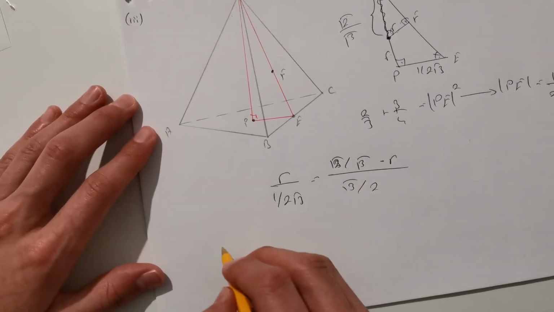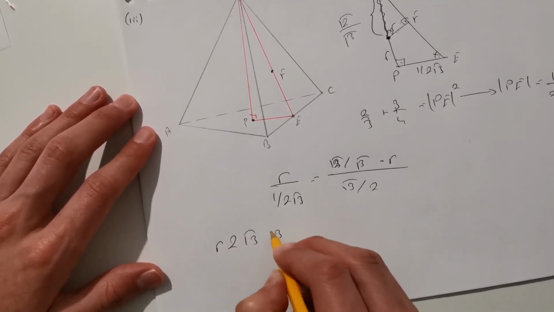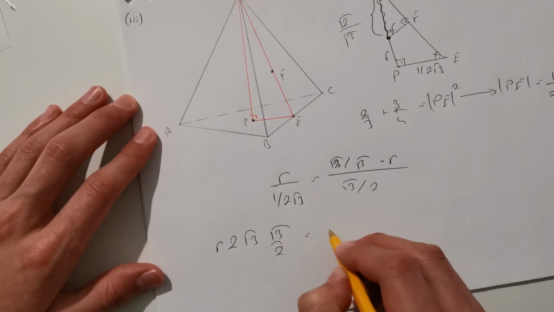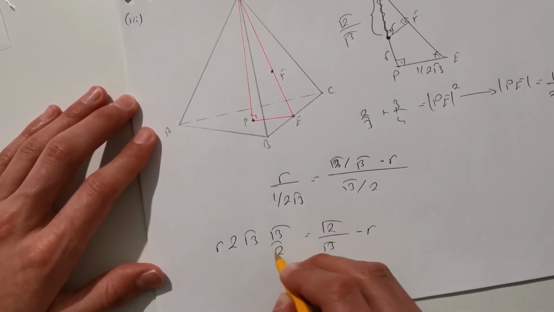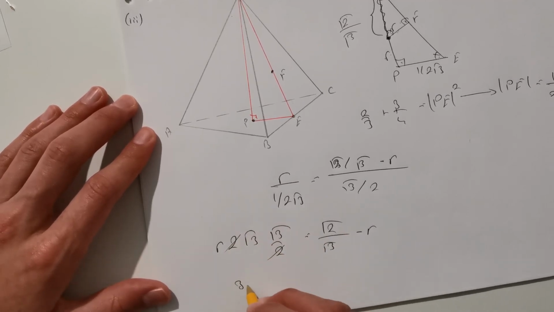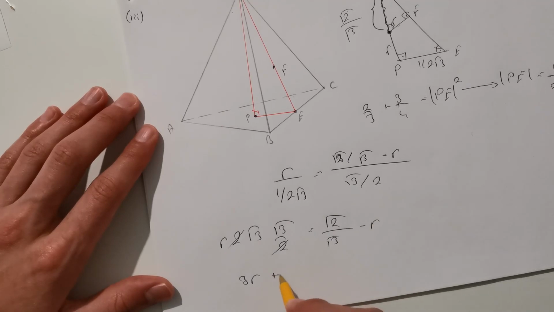Rearranging gives r times 2 root 3 times root 3 over 2 equals root 2 over root 3 minus r. Cancel these. You have 3r here, and then minus r on this side.